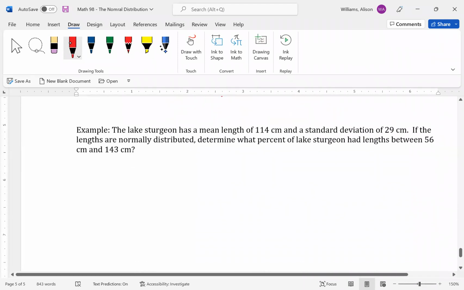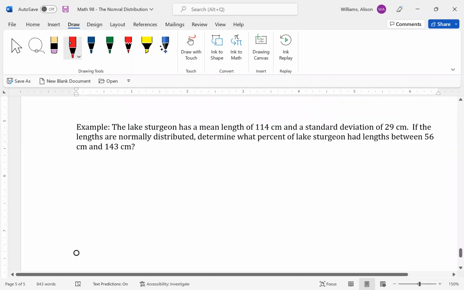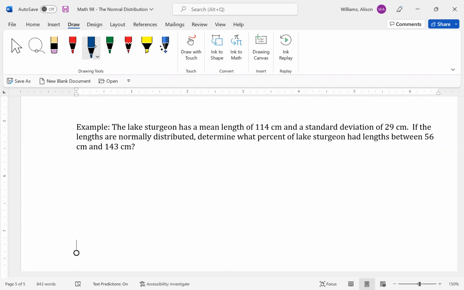All right, so let's apply this in a problem. Let's say there is a lake sturgeon that has a mean length of 114 centimeters and a standard deviation of 29 centimeters. If the lengths are normally distributed, what percent of the lake sturgeon had lengths between 56 and 143? Okay, so again, I'm going to draw my normal distribution, my bell curve.